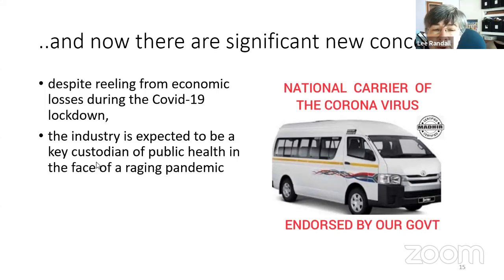So despite reeling from its own economic losses during the lockdown and right up to the present, the industry is actually now being expected to be a key custodian of public health in the face of what's a raging pandemic and also, I might say, a raging economic crisis.